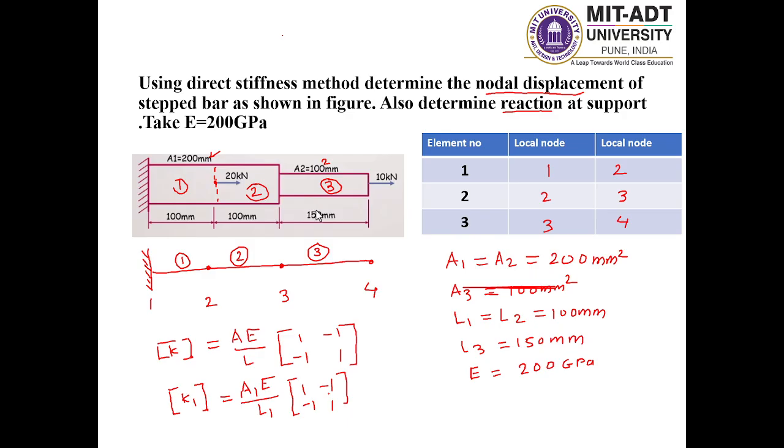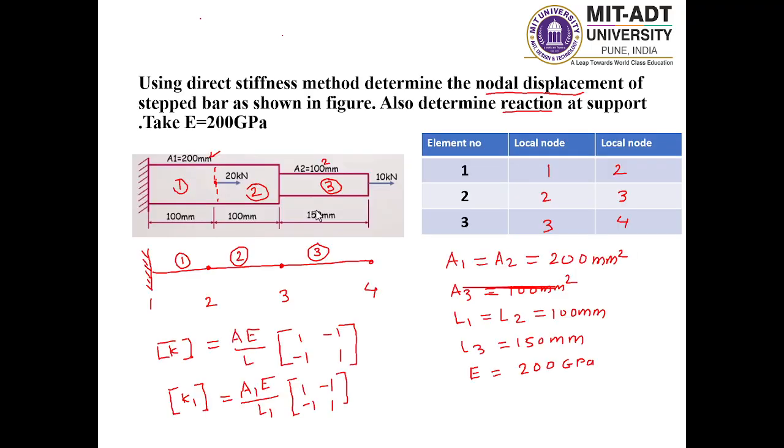Let us define the constants for K1. For K1 I am writing the same matrix. I am defining K1 as, area 1, you can see area 1 is 200 for this particular problem. Area 1 is 200 multiplied by the E value, which is given as 200 into 10 raised to power 3, divided by the length of the element, which is given. The length of the element for this case is 100.